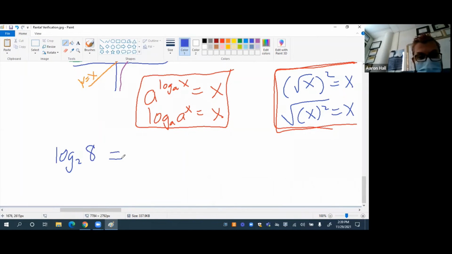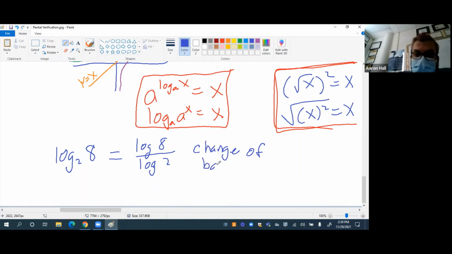Log of 8 over log of 2? Yep. What base is this over here? Log base what? Yeah, base 10. This is called the change of base formula. It allows you to do that.